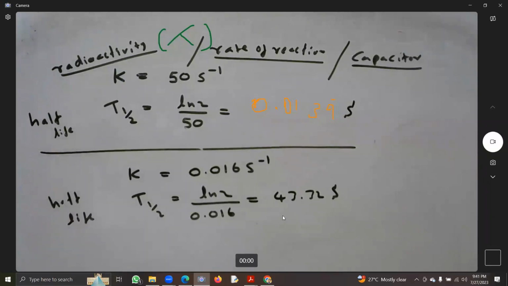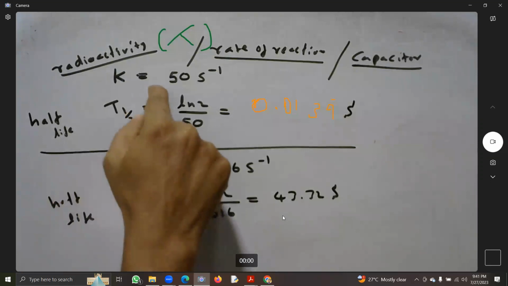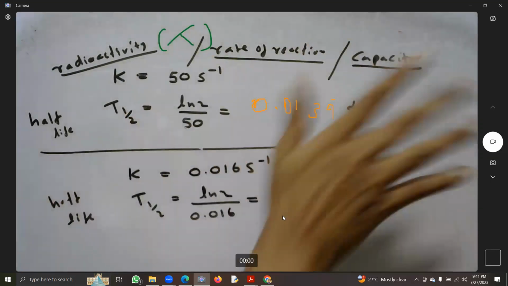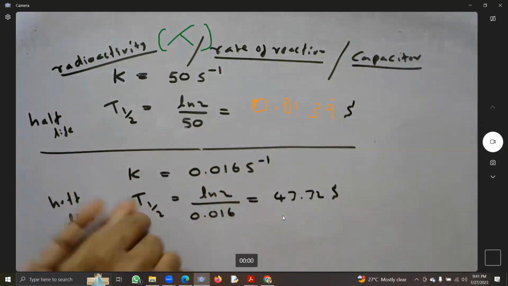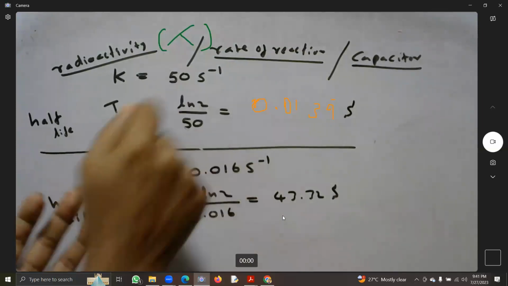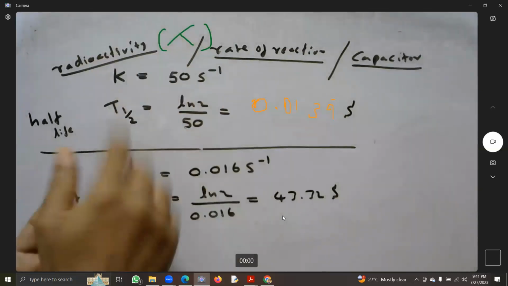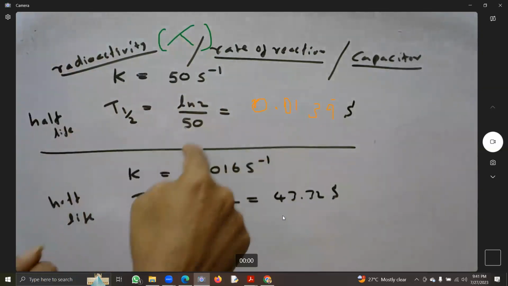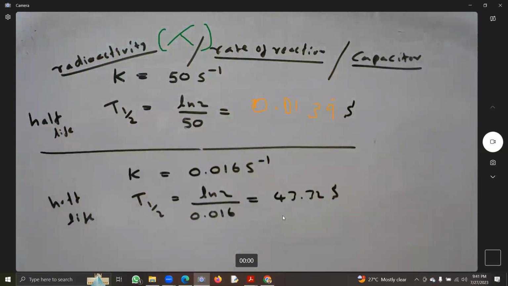The rate constant will always come in per second, whatever the chapter. Half-life is a time, so it will come in seconds.